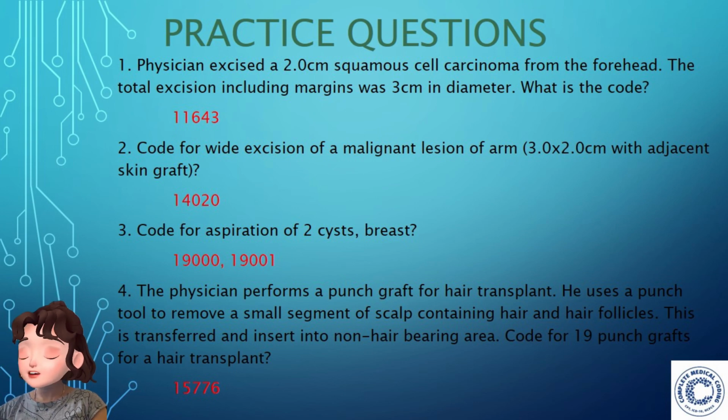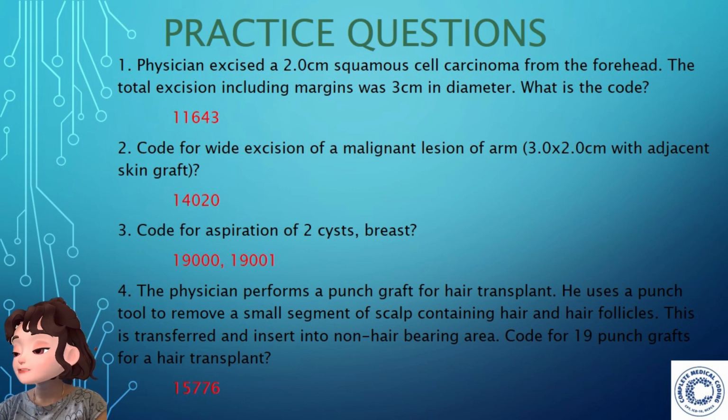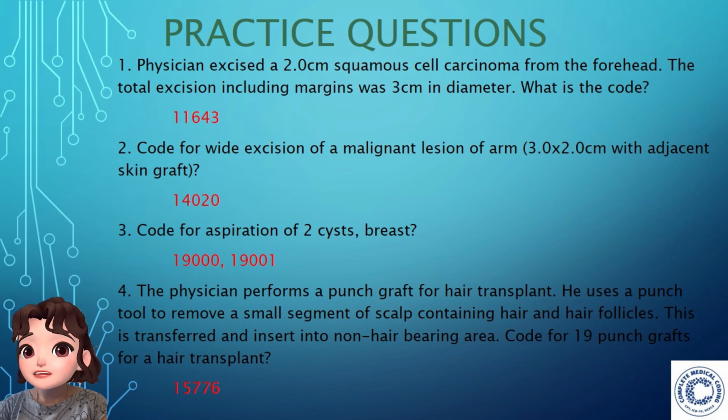For 14020, adjacent tissue transfer or rearrangement, you can go to the index page, take adjacent tissue transfer, and you will get this code. Check for the size: it is less than 10 square centimeter, right? 3 into 2 is only 6 square centimeter. So less than 10 square centimeter, we will use the code 14020.